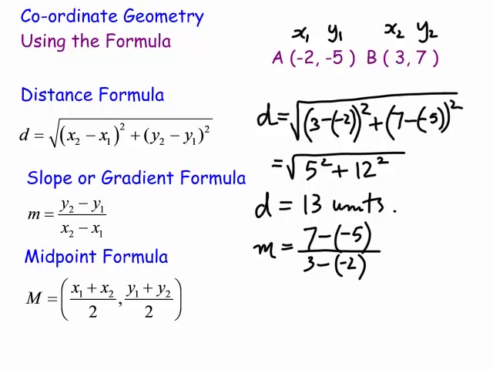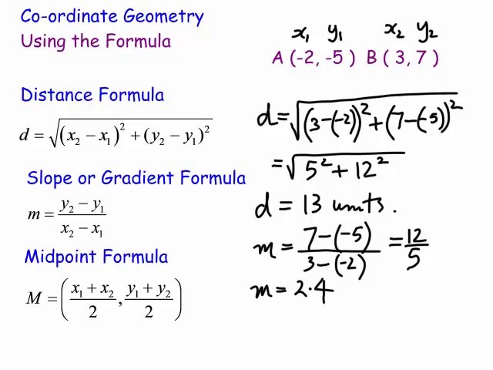We can see here we have 12 over 5, the minuses make a positive, and we get the gradient as about 2.4, so m equals about 2.4.